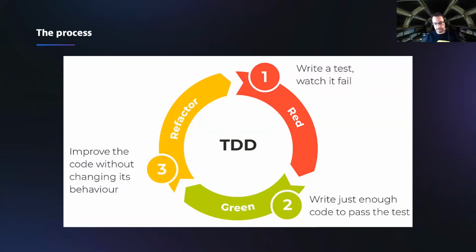The second is to write enough code to satisfy the behavior that you expect. And the third is to clean your code and make it better, the test or the production code, remove duplication, apply some patterns if you find something. This is the simple cycle of TDD.